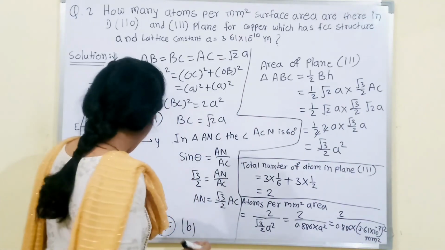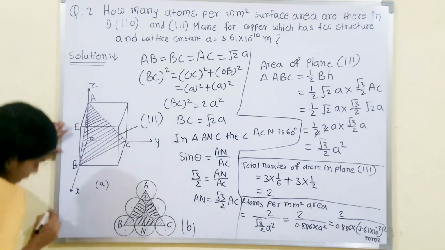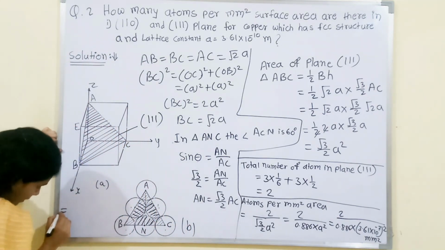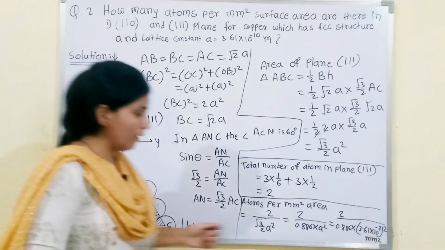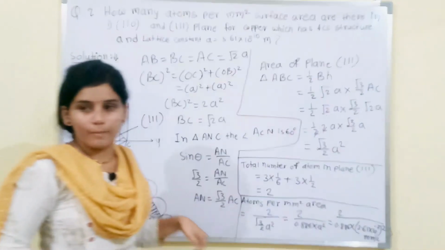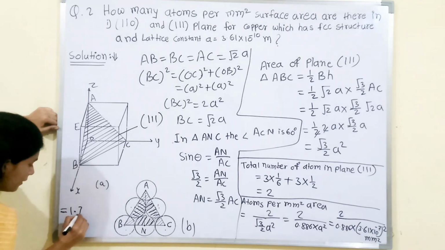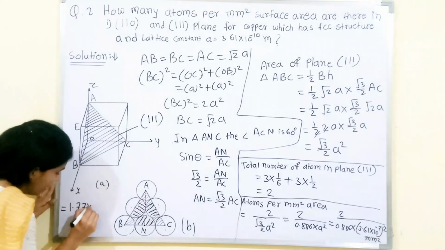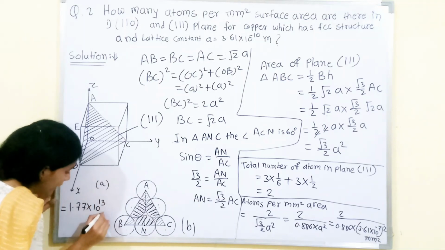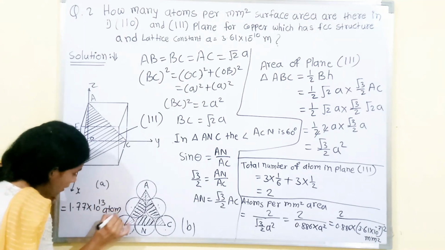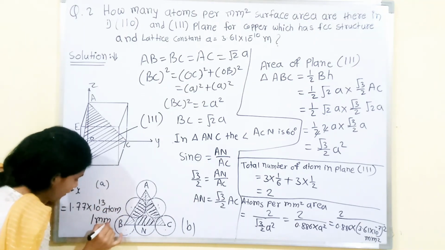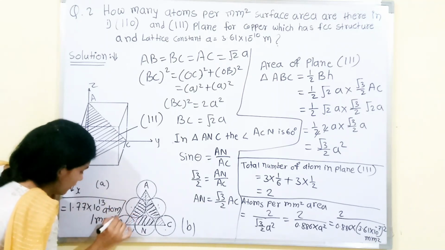If we calculate this whole mathematical operation, this is 1.77 into 10 to the power 13 atoms per millimeter square. This is our answer.